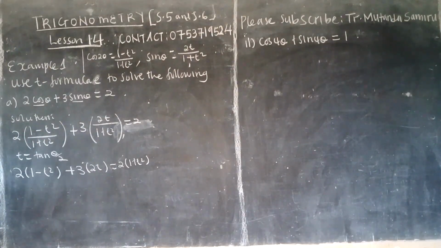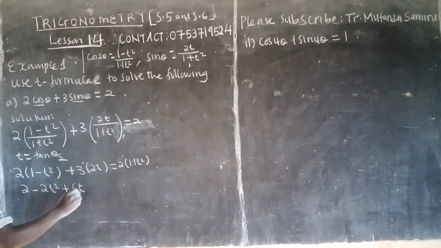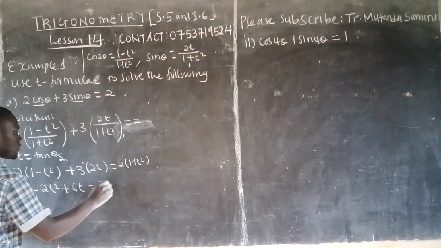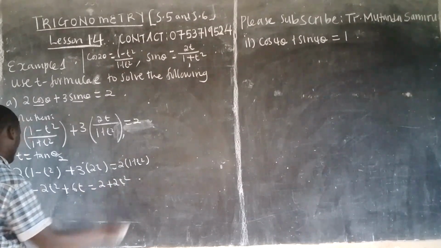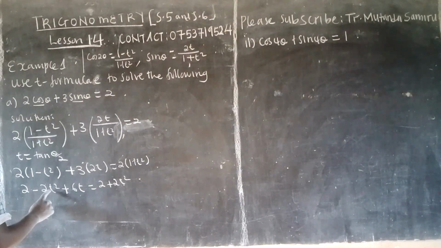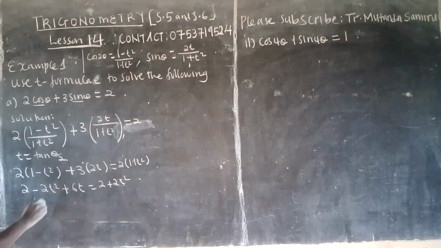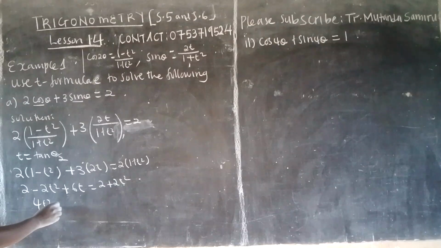So we shall now have 2 minus 2t squared plus 6t is equal to 2 plus 2t squared. Collecting like terms, let all of them come this side. The 2t squared crosses and becomes positive to give us 4t squared.